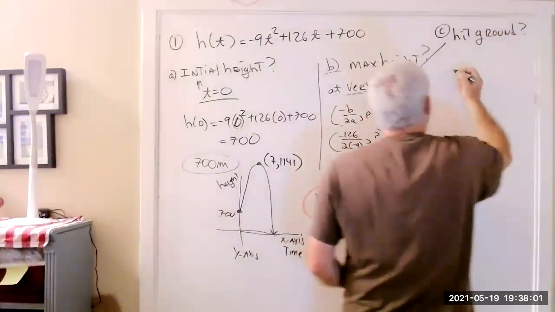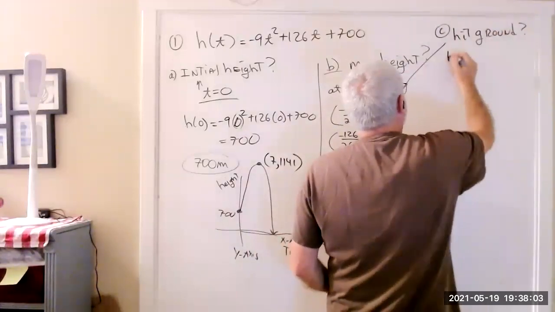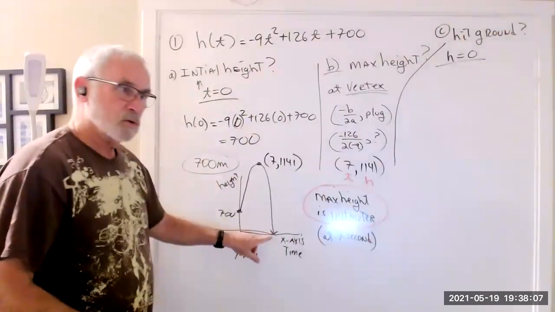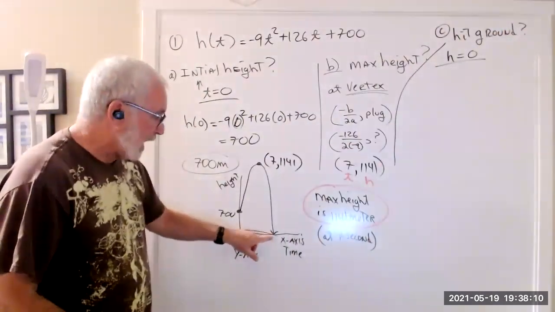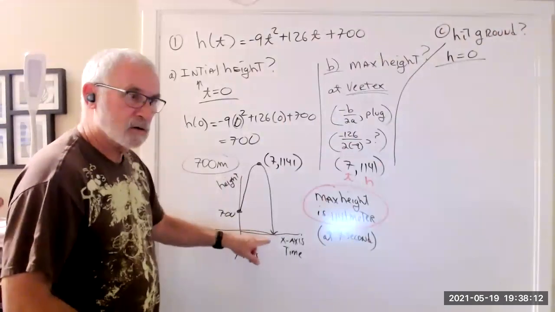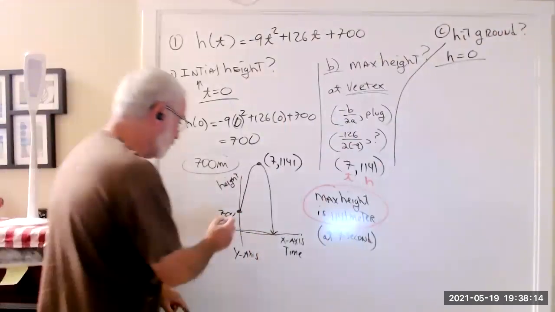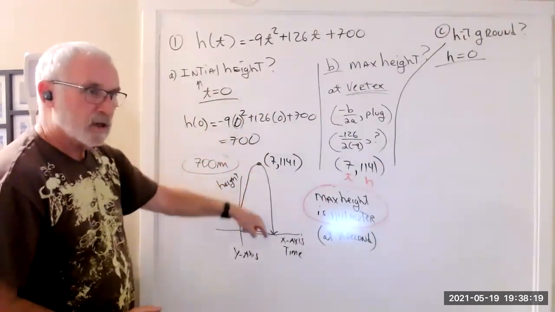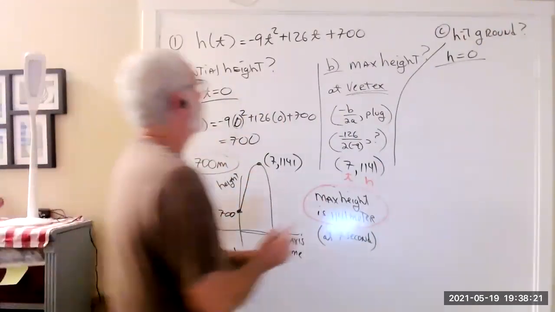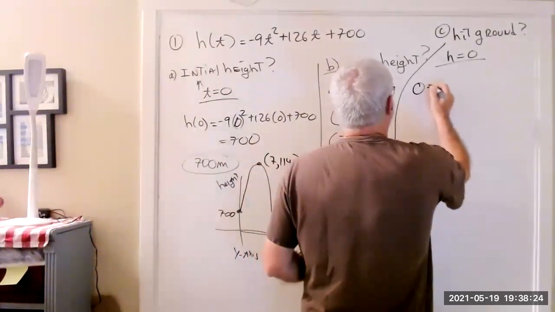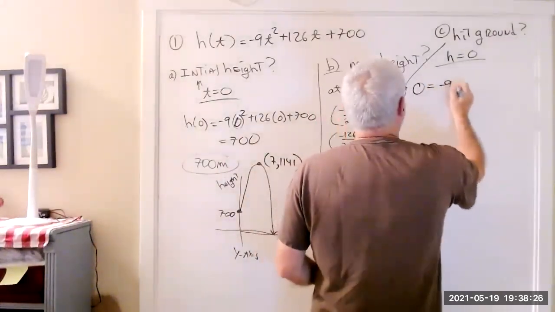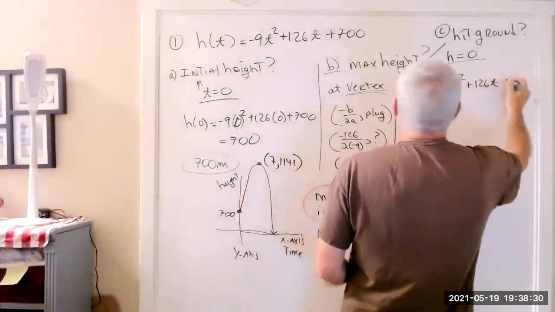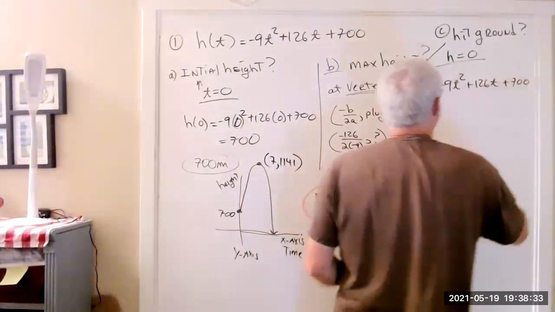Hit the ground means H is worth 0, because when it hits the ground, the height is 0 again. It started at 700 meters, wherever that is. It went up to its max, came back down, hit the ground, height is 0. So now we're going to solve this problem: 0 equals -9t squared plus 126t plus 700.